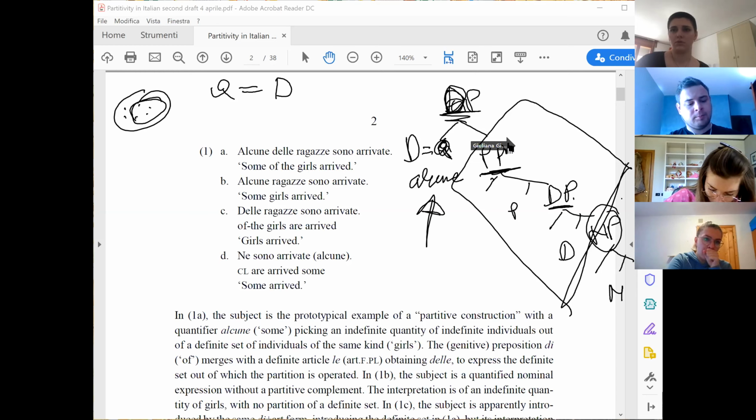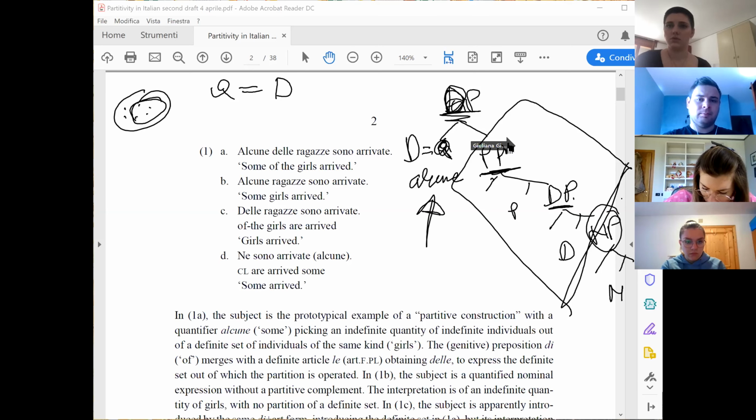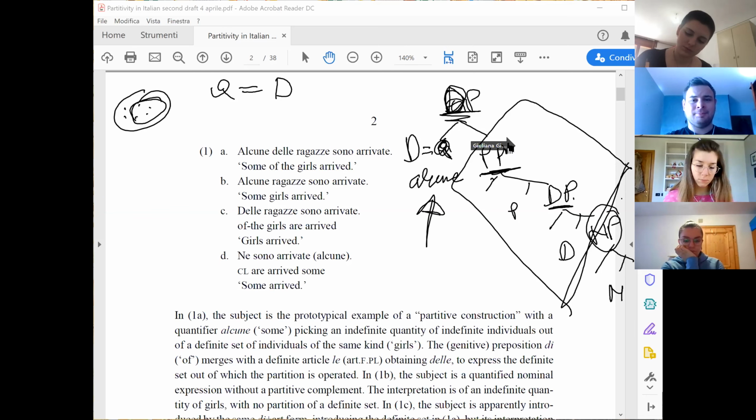So the idea is that when I say I ate of this meat, ho mangiato di questa carne, since it is Easter time, in the Italian version of the Last Supper, we say se mangerete di questa carne, okay?